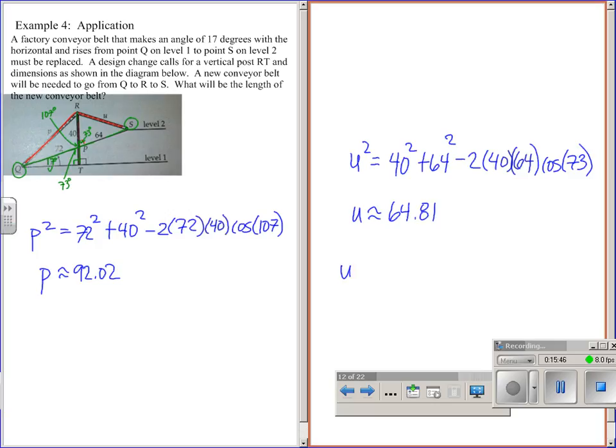And then I add the two together, U plus P, and I find out that the length of the new conveyor belt is about 156.82. And let's see if we have any units with that. We were not given any units for that, so we're just going to say units. Okay, and here's our answer. And that concludes our examples for section 10.1.